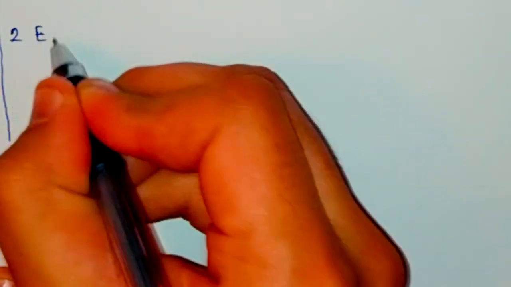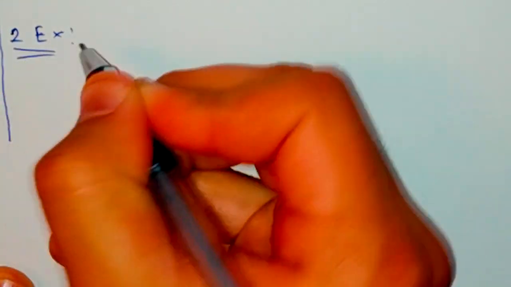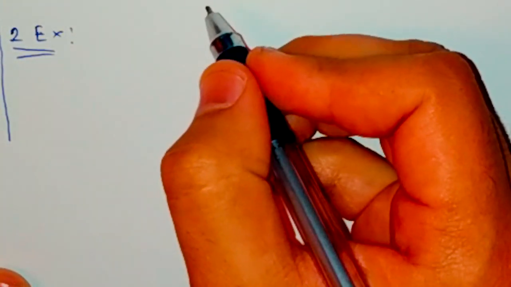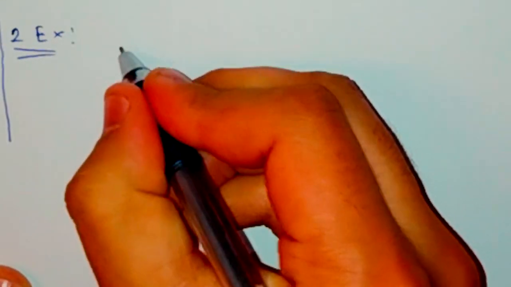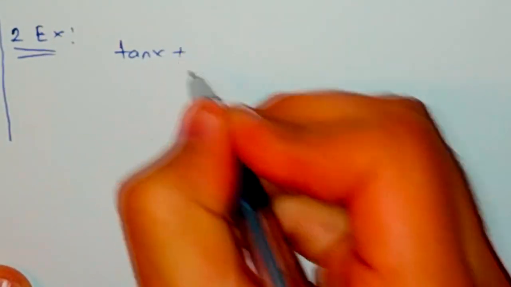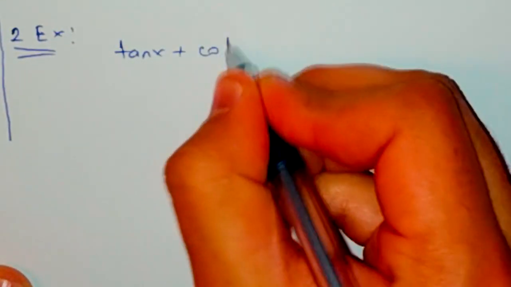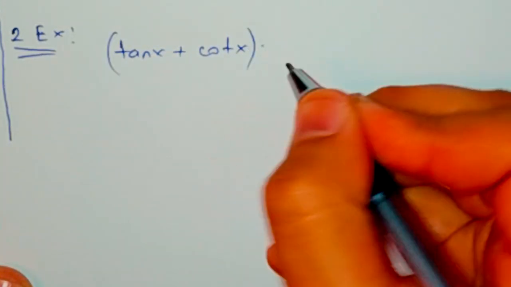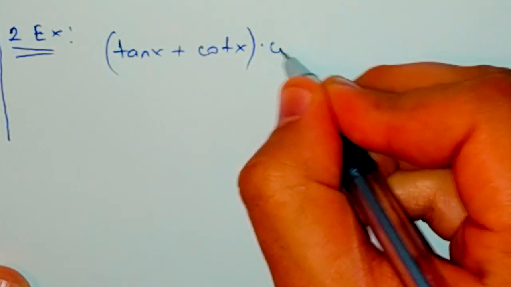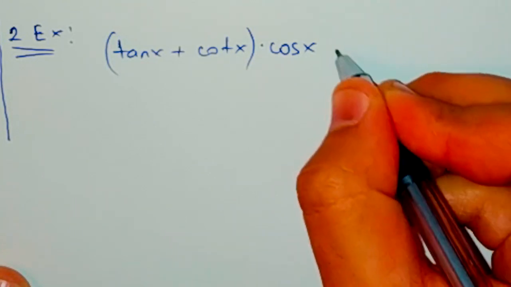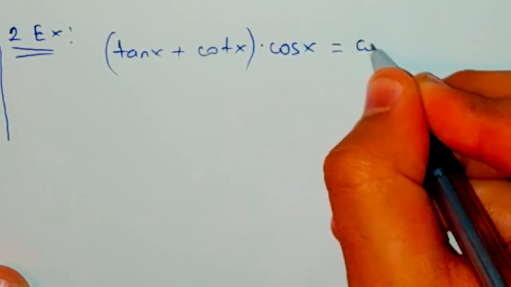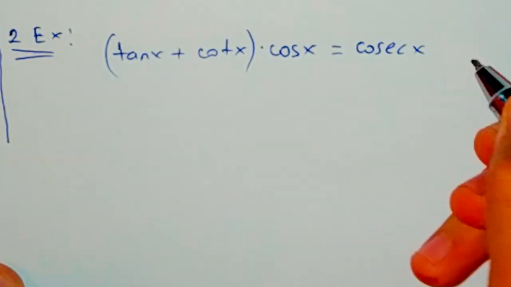Second example, let's verify the next identity. Tangent x plus cotangent x, multiplied by cosine x, is equal to cosecant x.